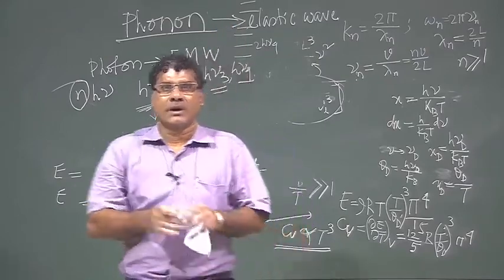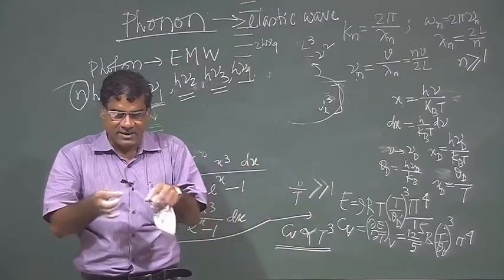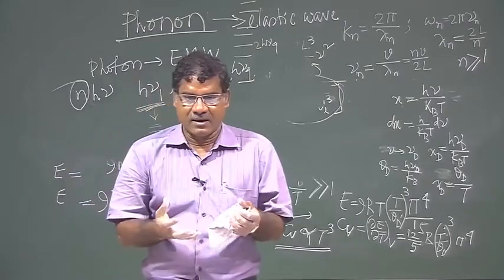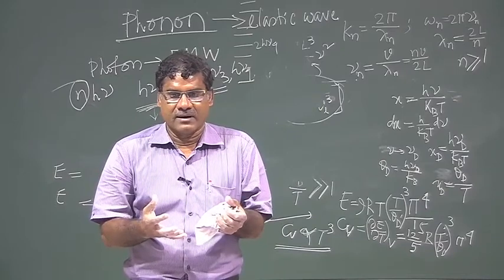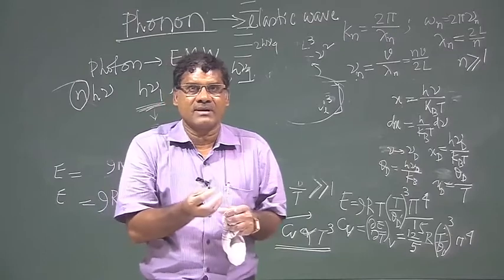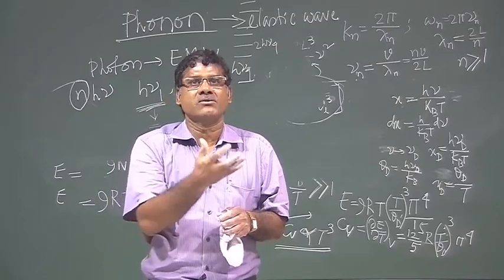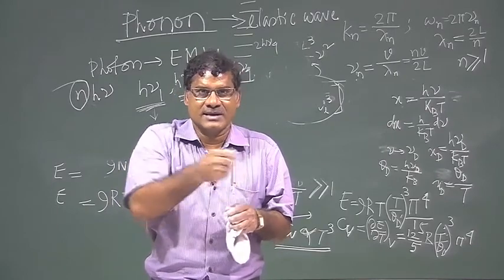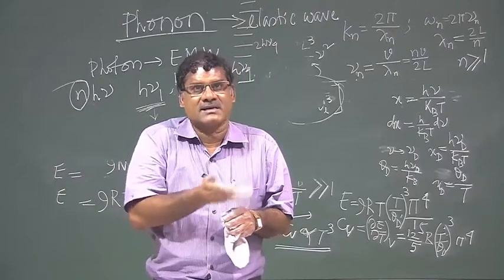So, now as a whole, my system, that crystal vibration, is nothing but a system of phonons. So, phonons have h nu 1 energy, 2 h nu 1 energy, 3 h nu 1 energy, as each mode can have these different energies when it is excited.